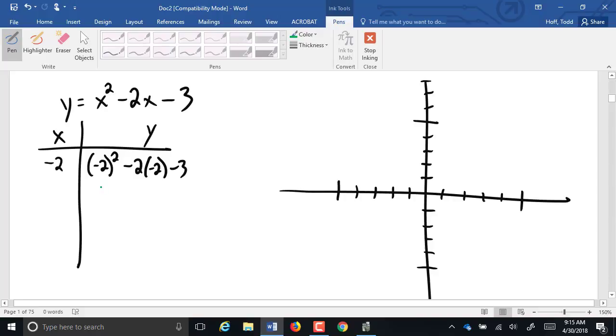Negative 2 squared is positive 4. Negative 2 times negative 2, also positive 4. 4 plus 4, 8 minus 3 is 5. So it's at negative 2, 5. So negative 2, 5 is right there.